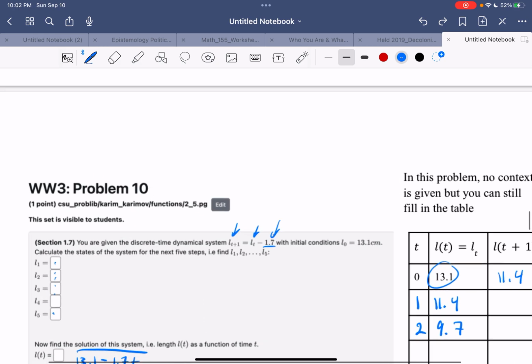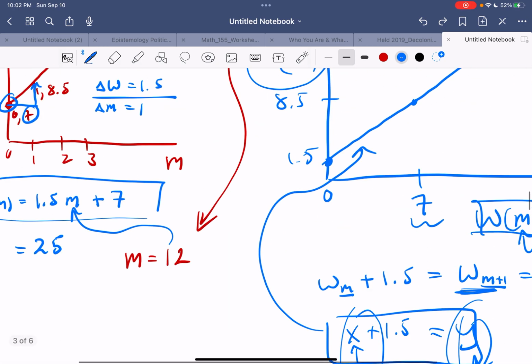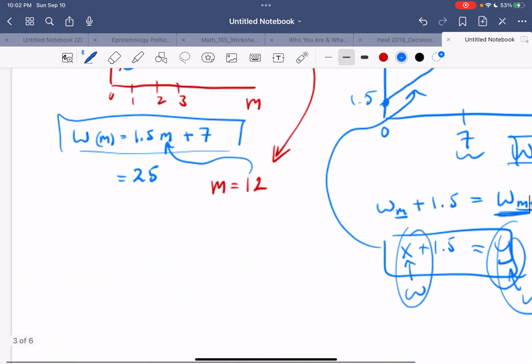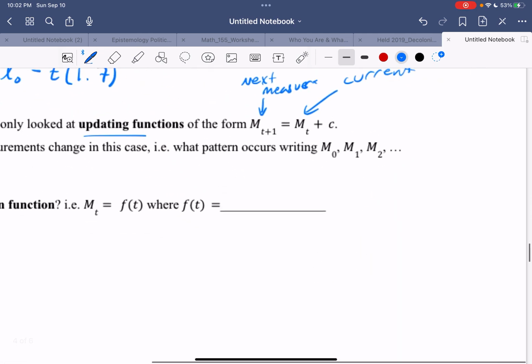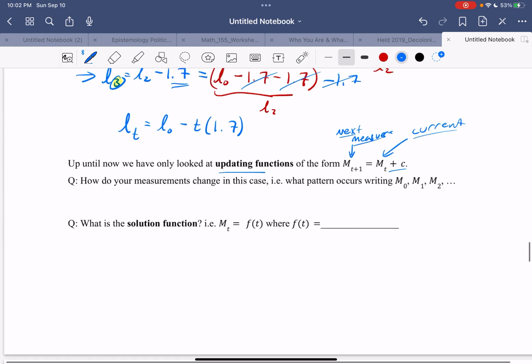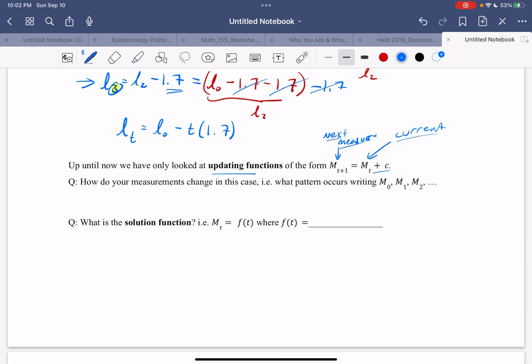So here, that number was negative 1.7. Here, that number was positive 1.5. But in any case, the next anticipated measurement is just whatever your current measurement is plus some number. Okay. How do your measurements change in this case, i.e. what pattern?